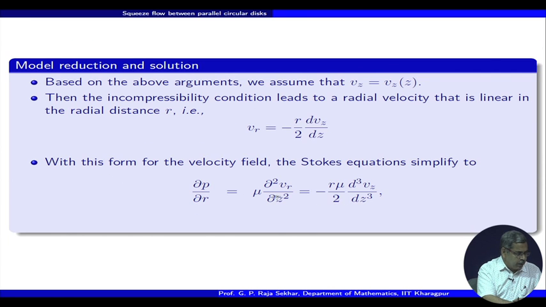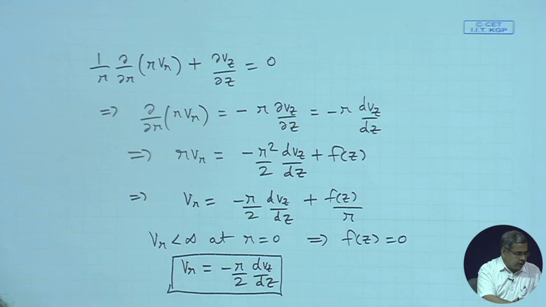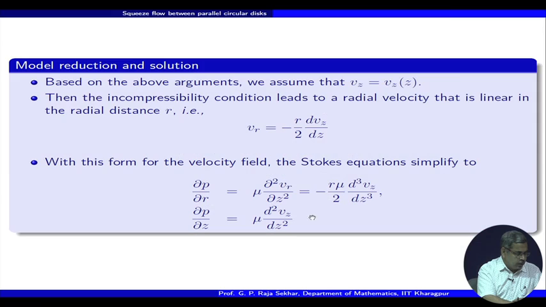So, this is the r momentum equation reduced to dp/dr, and using this relation one can write the following. Then the corresponding z momentum equation is correspondingly given by this. Now let us take the derivative with respect to r.